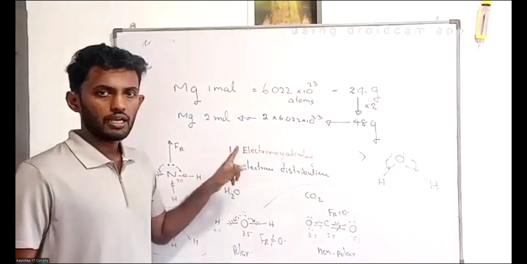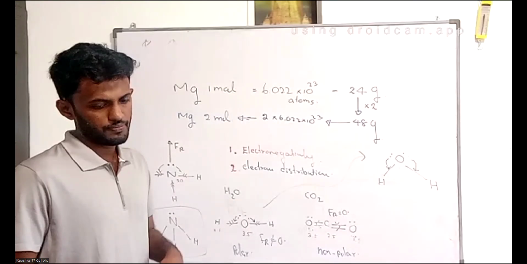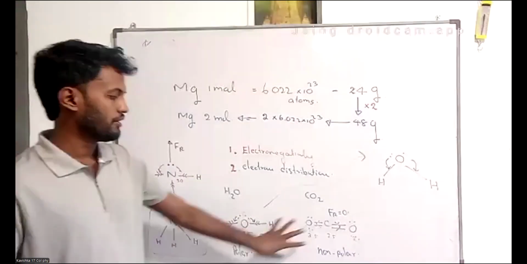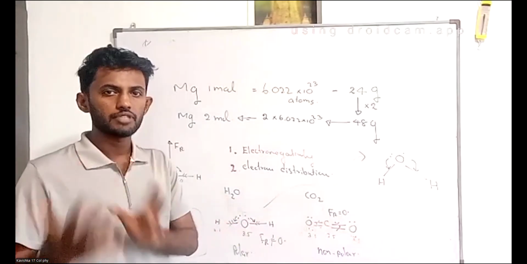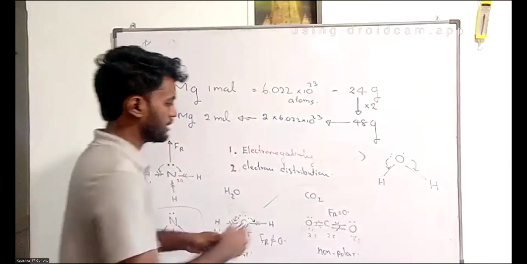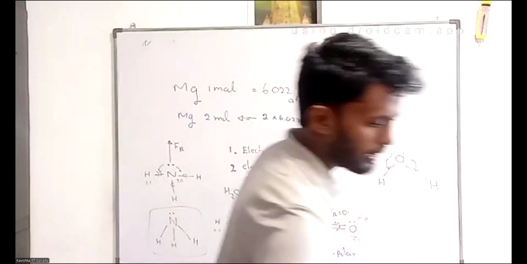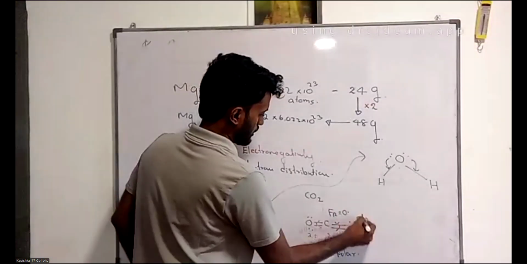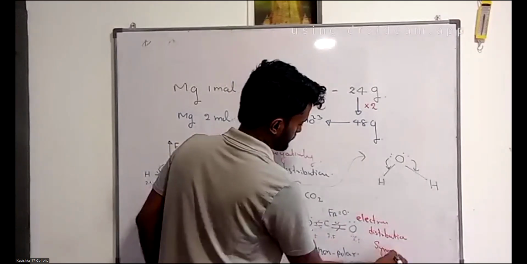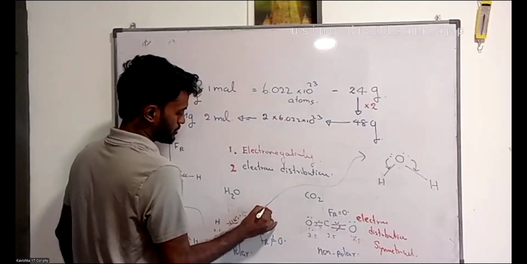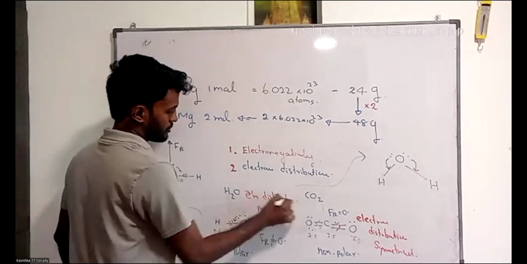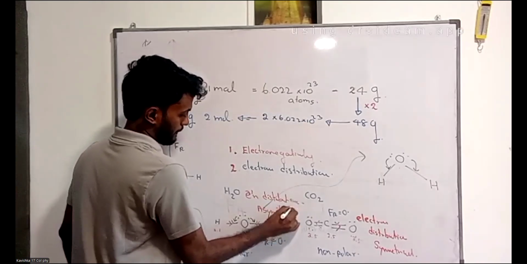One is electronegativity, the other is electron distribution. Right? Electronegativity and electron distribution. So sometimes there is a slight electronegativity difference, but if the electron distribution is symmetrical, then we treat the molecule as non-polar. Write down here: electron distribution symmetrical, and here asymmetrical. Right?